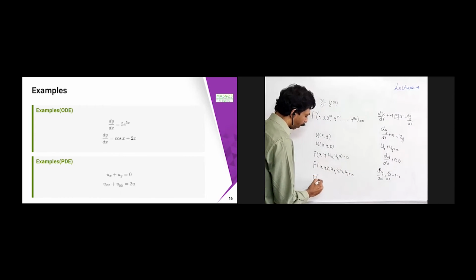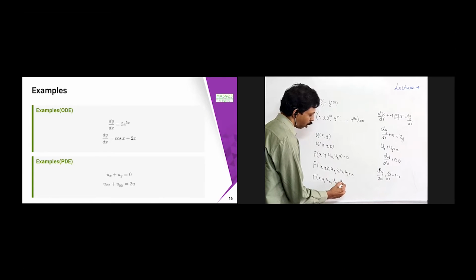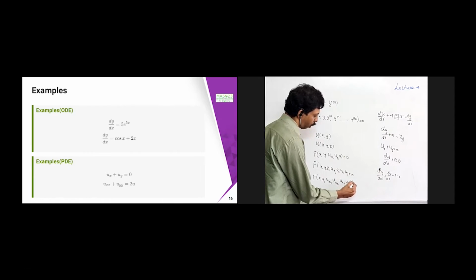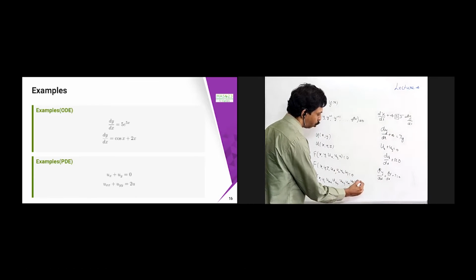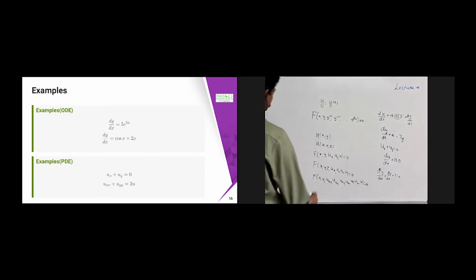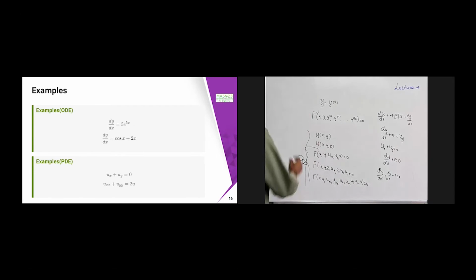For second order, I can define f of x comma y comma uxx, uyy, uxy, uyx, ux, uy, u equal to 0. Something similar to that I can define. So these are all called PDE, but this is called ODE.